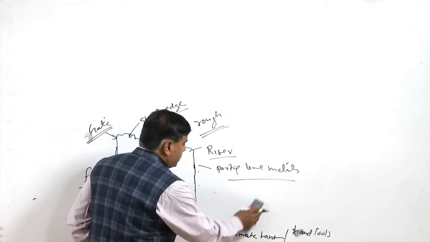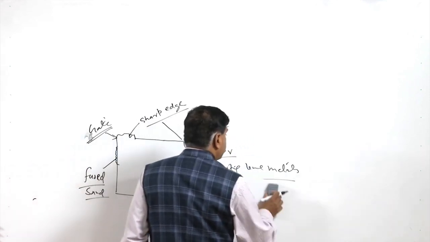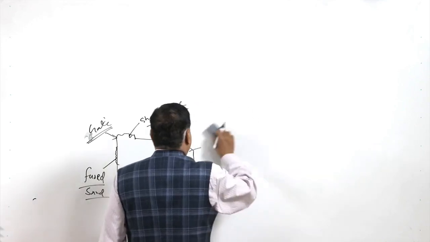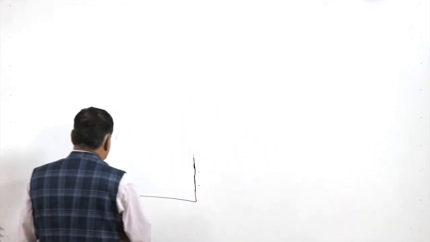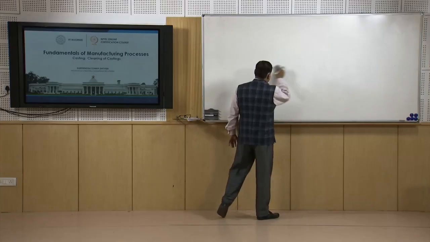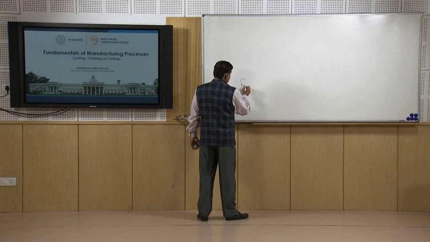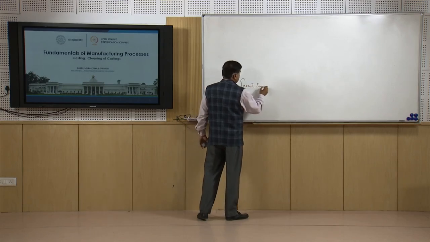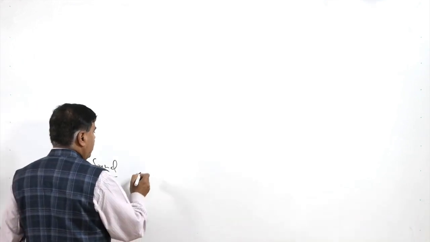But in order to remove the fused sand, we can use two different methods. We are left with the fused sand. To remove the fused sand, basically two methods are used.